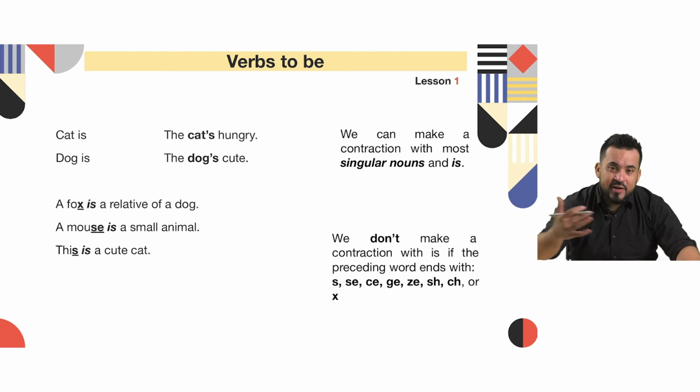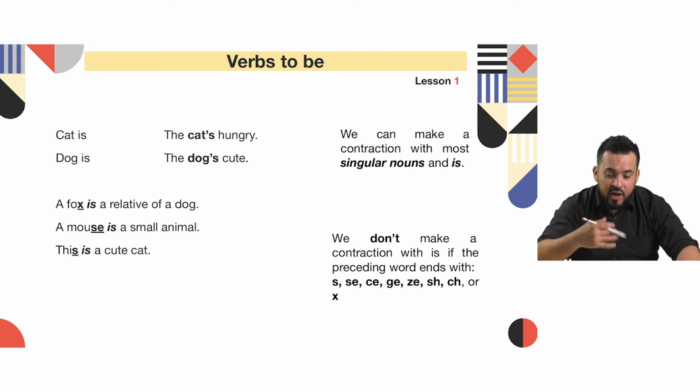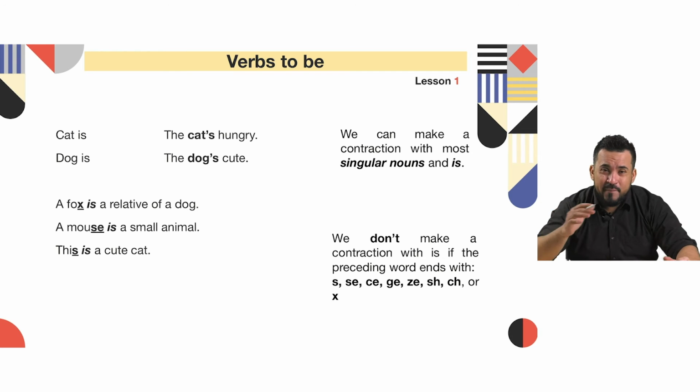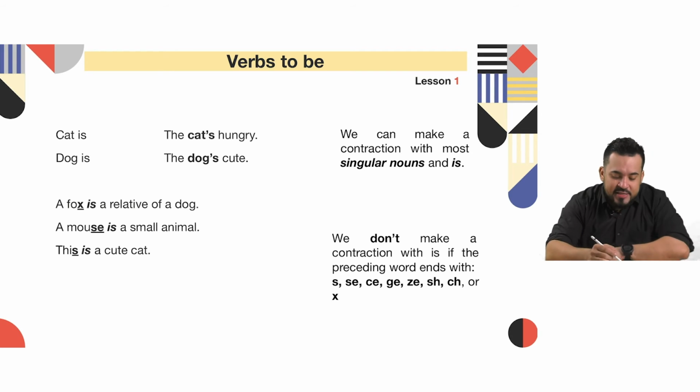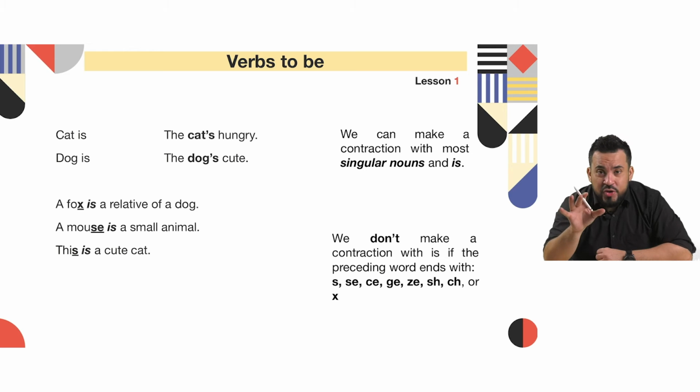Cats, dogs. A fox is a relative of a dog. A fox is a relative of a dog. Now that doesn't sound right. Why? Because if the last letter is X or SE or S, we never use contractions.